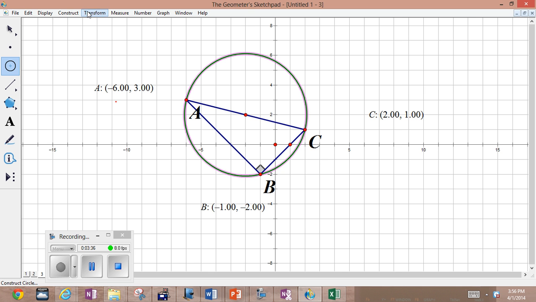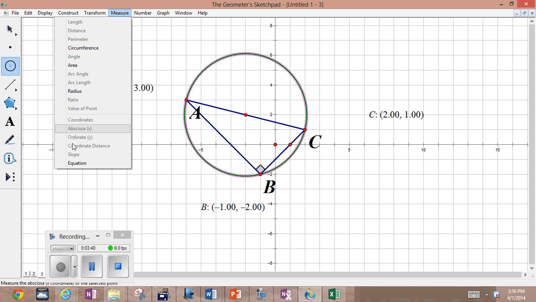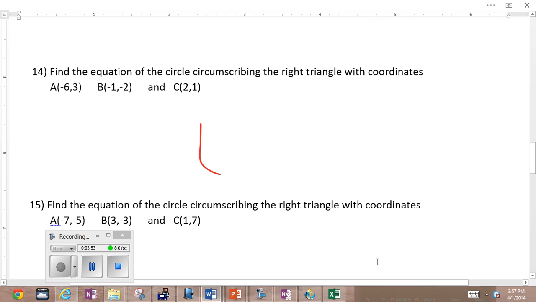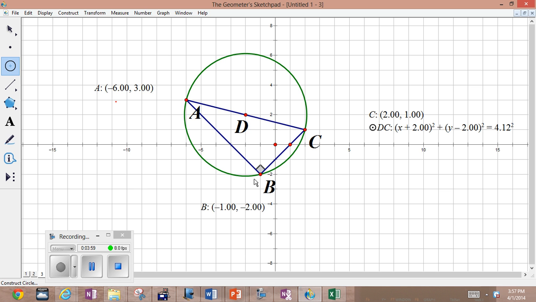So there is my circle. There's my equation, and let's see what we have to do to illustrate that in terms of the algebra involved. We said that AC is the diameter effectively. AC is the hypotenuse of the triangle.